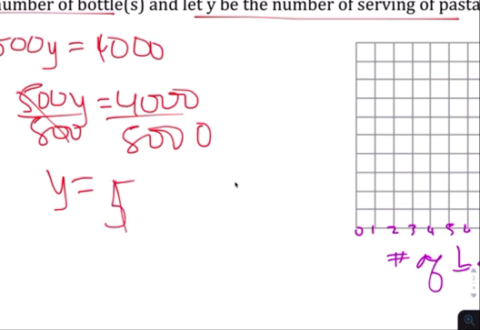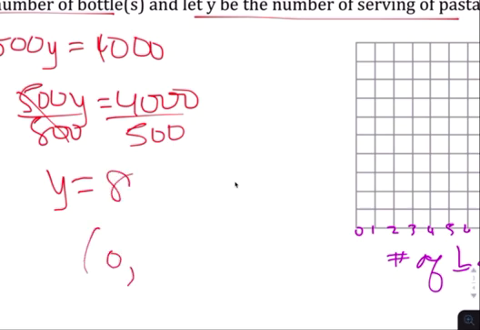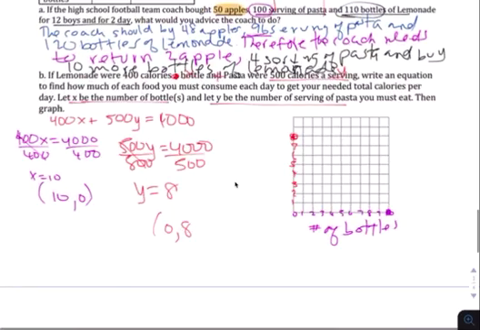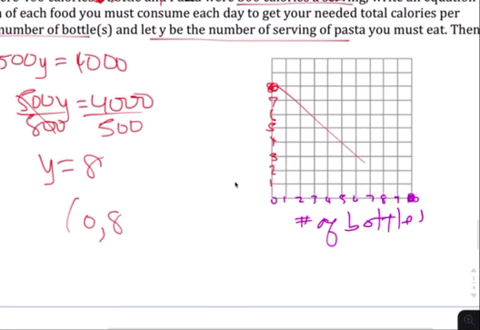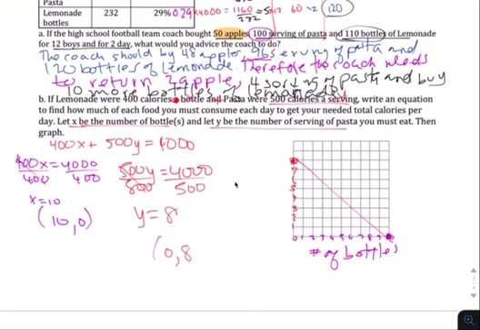Oh, 8, I'm sorry, 8. This is 500, I couldn't read that. So it's 8. 0, 8. So 0, 1, 2, 3, 4, 5, 6. Okay, that's how you do that, but this is servings of pasta. You need to label it. All right, that's it.